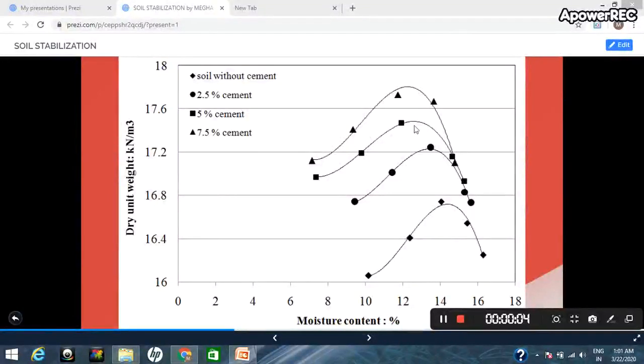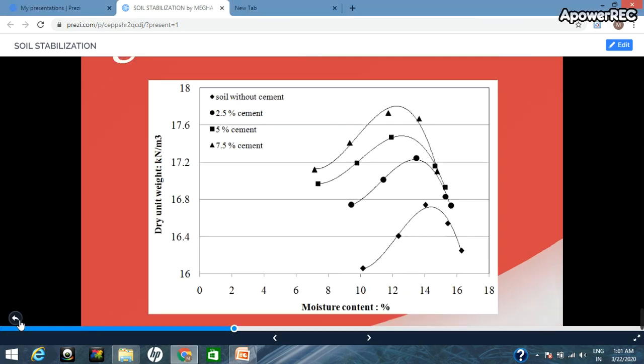As you increase to 5%, the maximum dry density increases and the OMC decreases, and the same at 7.5%. So this graph shows that soil cement stabilization is enhancing the properties of the soil.